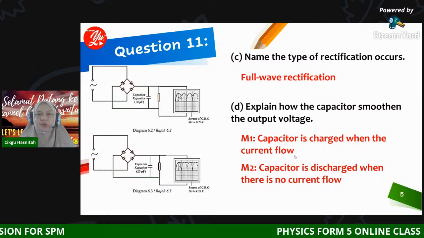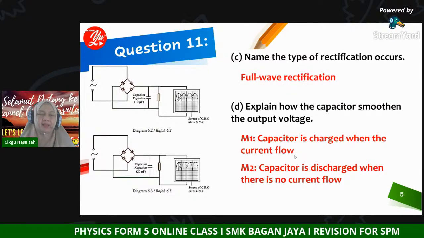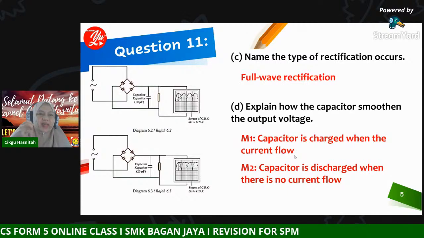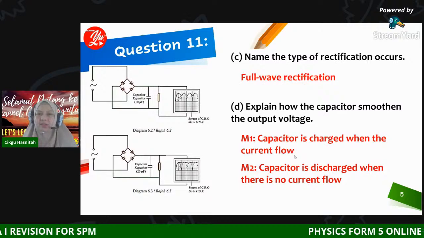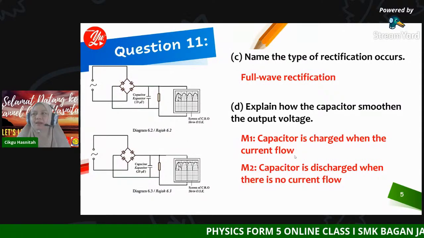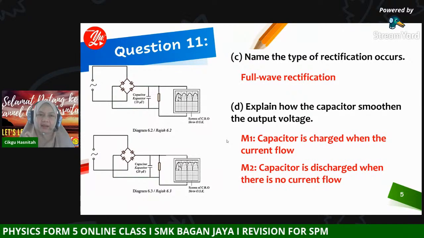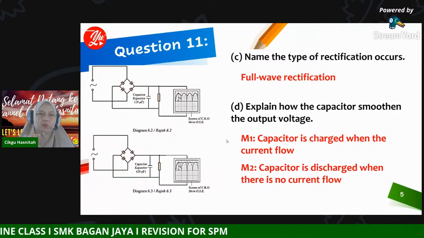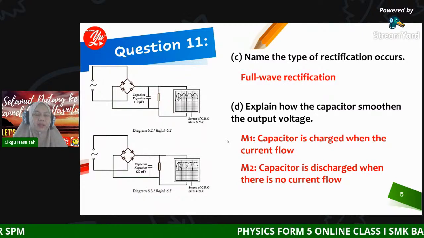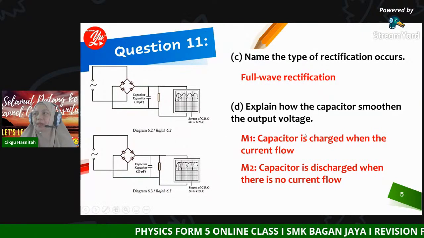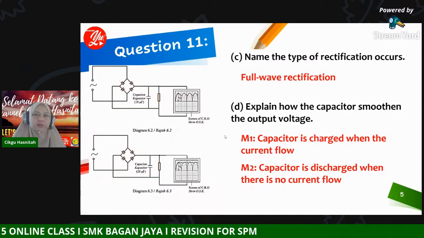Discharge means the capacitor will release its energy and supply voltage to the circuit. When it is charged, it collects energy, and when the current stops flowing, it will discharge or release this energy and supply voltage to the circuit. So this is how we explain how the capacitor smoothens the output voltage.